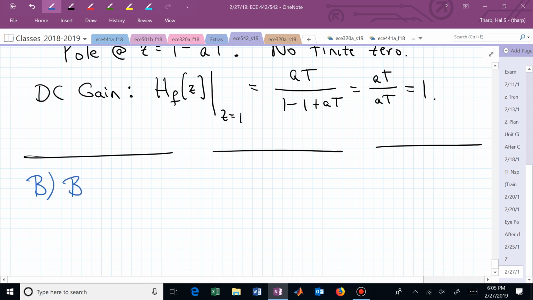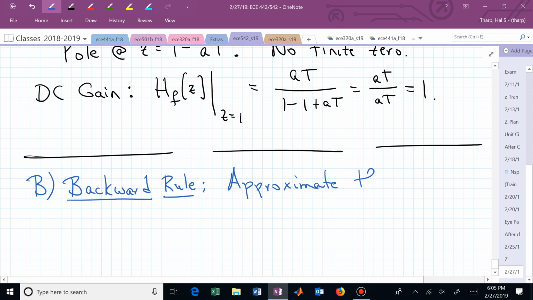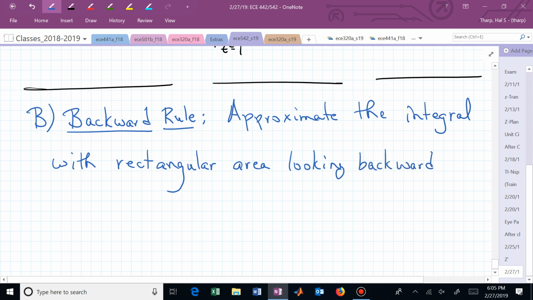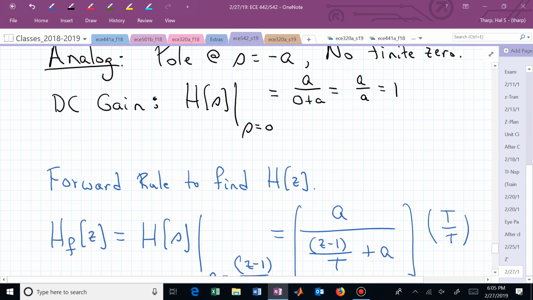We'll say that's B. In this case, let's approximate that integral between t minus capital T and little t with the rectangular area looking backward from now, the point on the right.